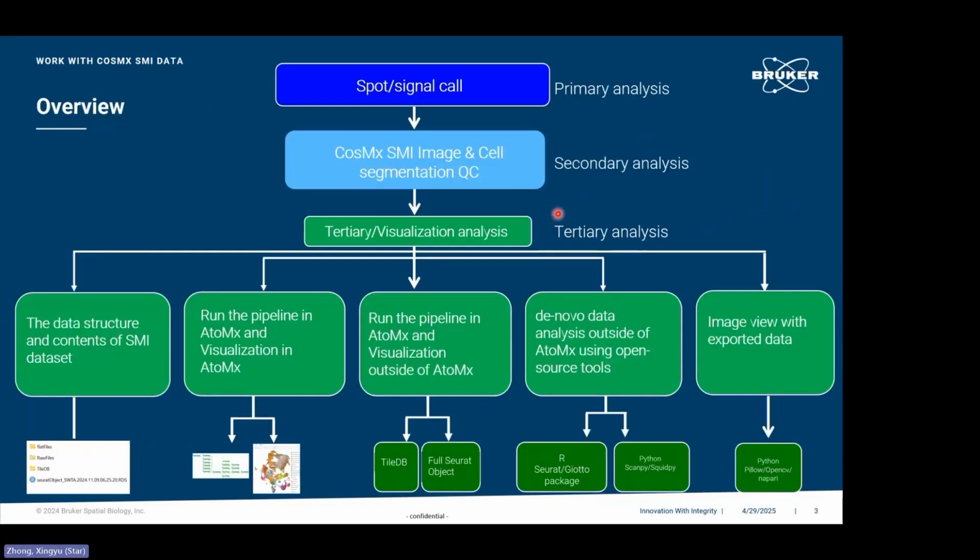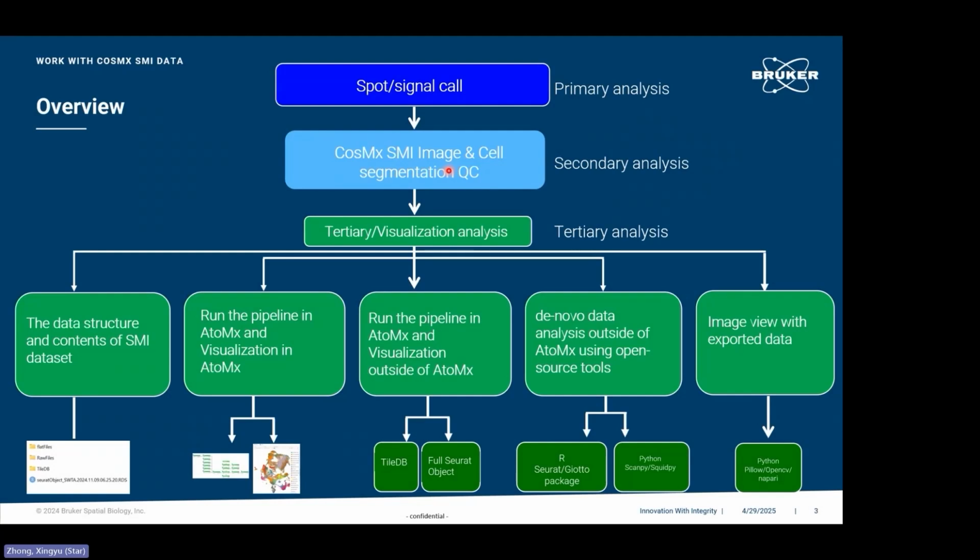In summary, the CosMx data analysis can be shown in this chart: after primary data analysis, we do the secondary analysis and tertiary or visualization data analysis. Before tertiary data analysis, we need to check the quality, especially the image quality and the cell segmentation quality.